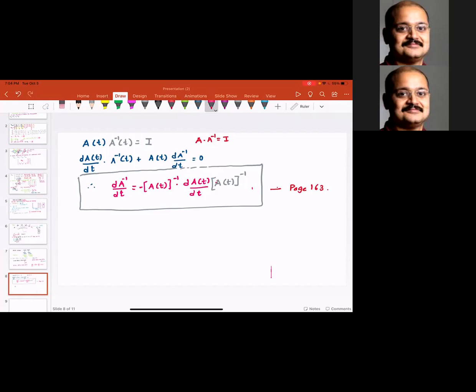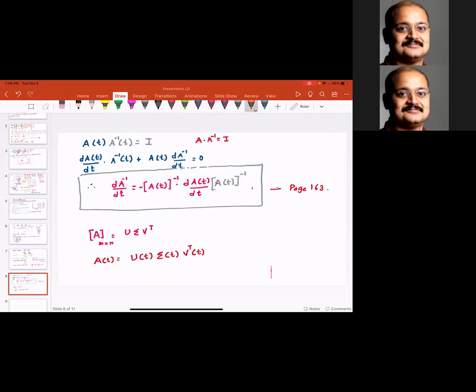The singular value problem, as you know, is A, which is m times n, is equal to U sigma V transpose. Now, if you have a time varying matrix, you will have U that is dependent on time, sigma that is dependent on time, and V transpose that is dependent on time.